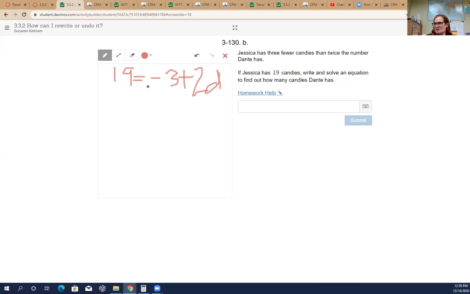Add 3, which gives you 22. So 22 equals 2D. Then divide by 2, which equals 11. So D equals 11. Our equation is 19 equals -3 plus 2D, and D equals 11. So Dante has 11 and Jessica has 19.